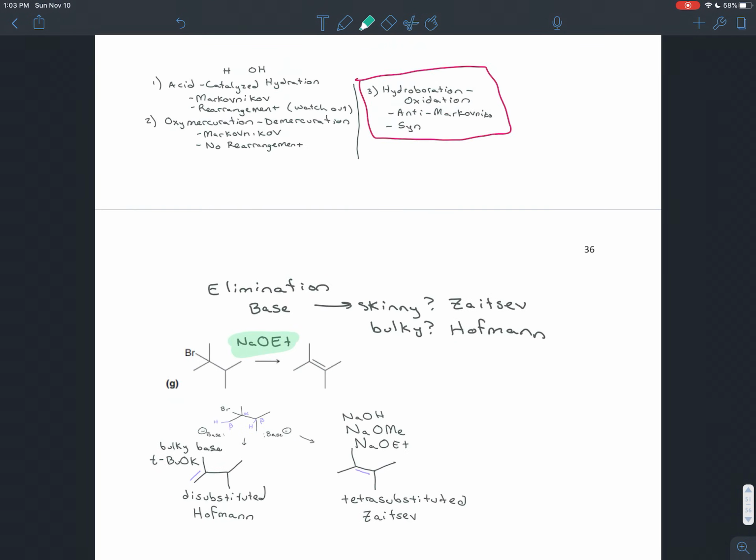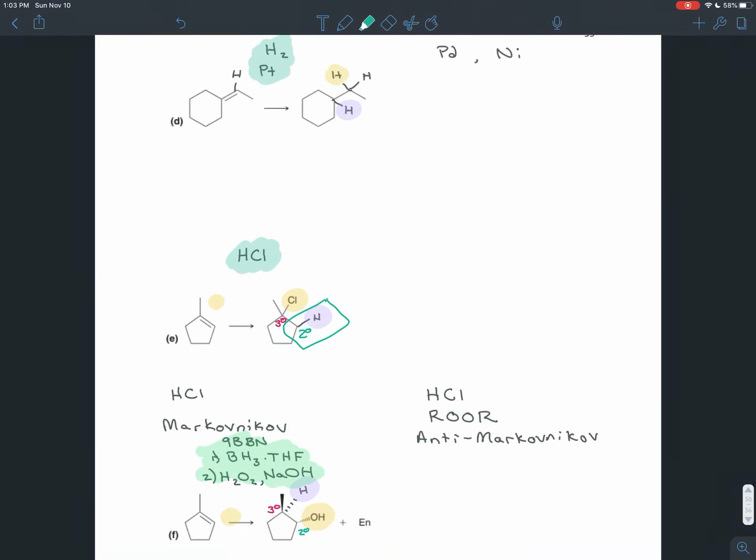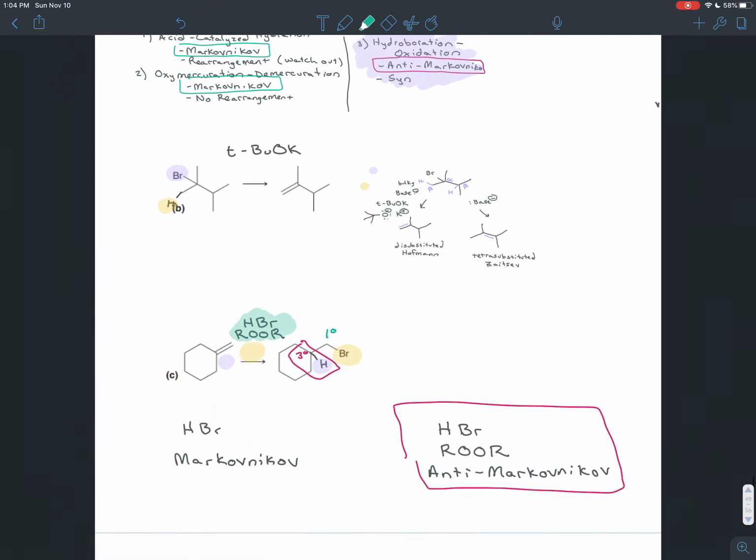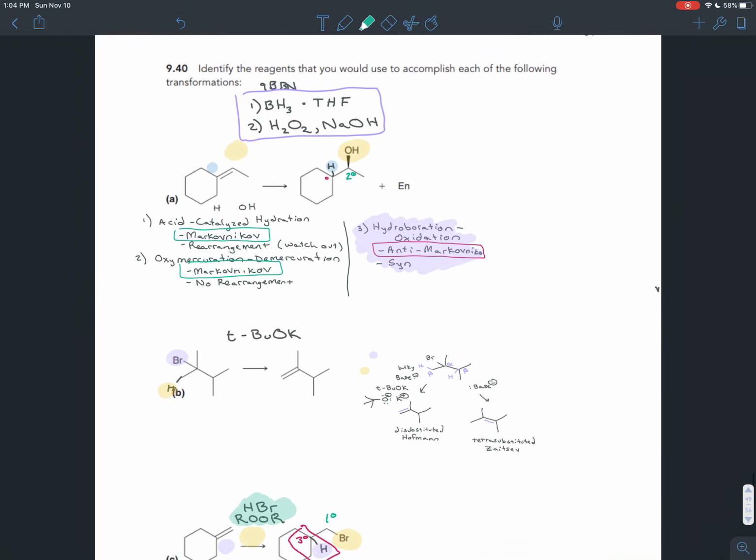Okay, well these are one-step transformations. We will slowly build our way up to 2, 3, 4, all the way to 10-step transformations in Organic Chemistry 2. But in Organic Chemistry 1, we'll at least get up to 4, maybe even 5 steps in order to get from the reactant to the product.